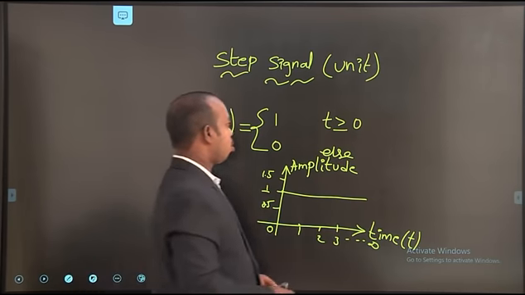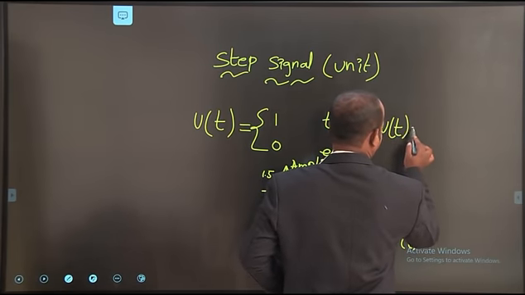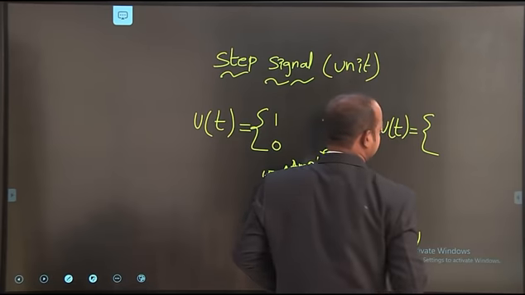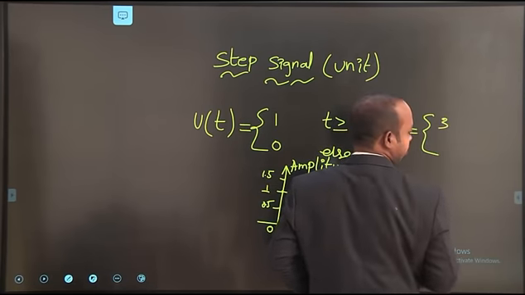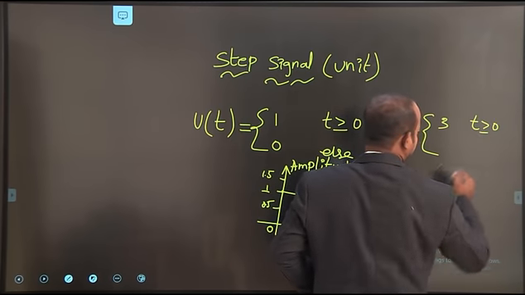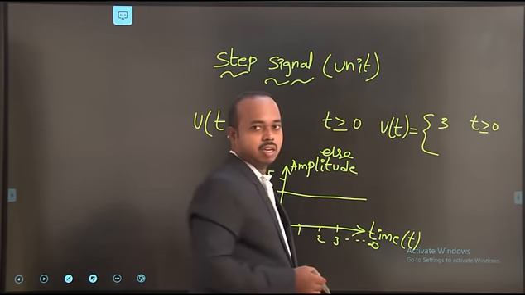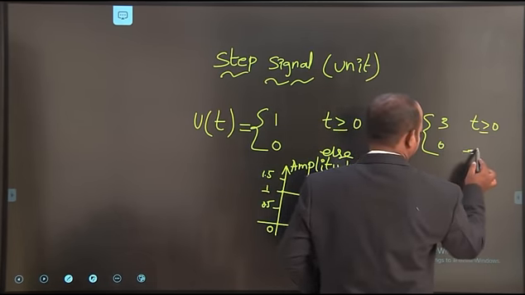Suppose we do not take a unit step signal, and the step has a certain magnitude. The magnitude is 3 where t is greater than or equal to 0, and for the remaining values, the value is 0.